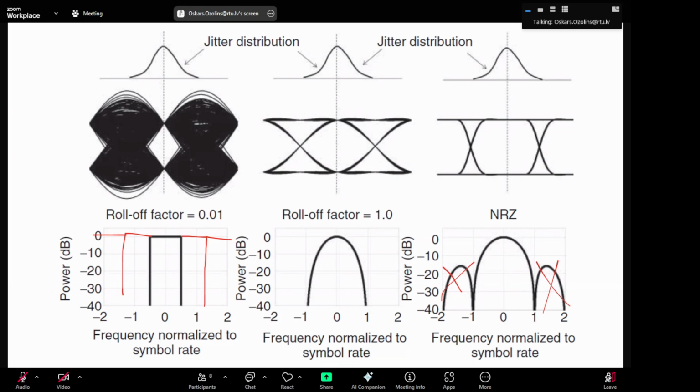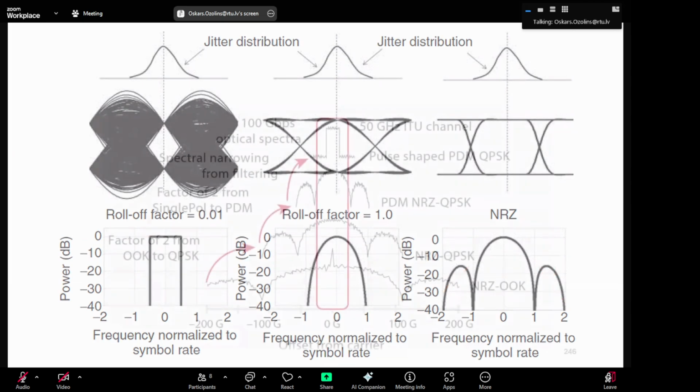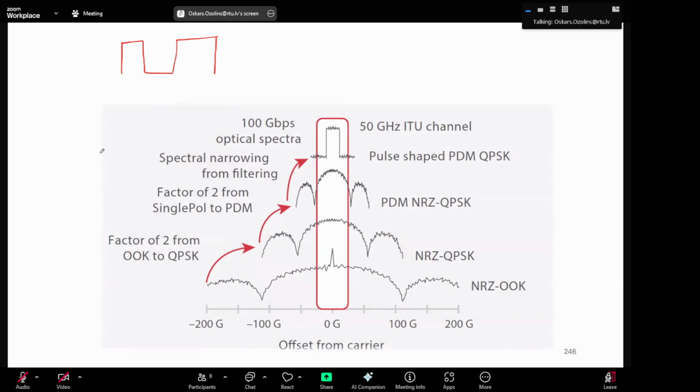Right. So let's go back. Okay, so this is just a good visualization of what can be done to achieve the same 100 gigabits of data.